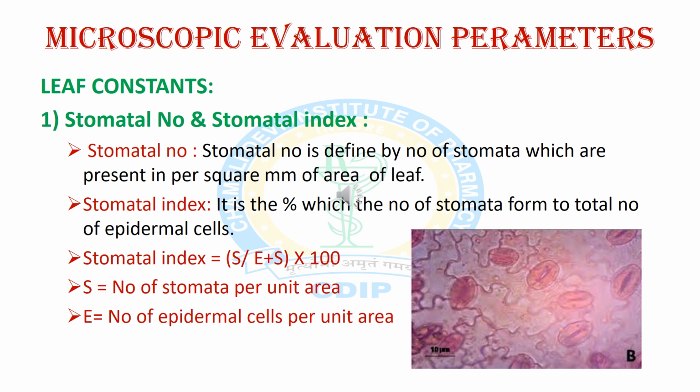It is the percentage which the number of stomata forms to total number of epidermal cells. It can be calculated by the following formula, which is S upon E plus S multiplied by 100, where S is number of stomata which is present in per unit area. E is the number of epidermal cells per unit of area.